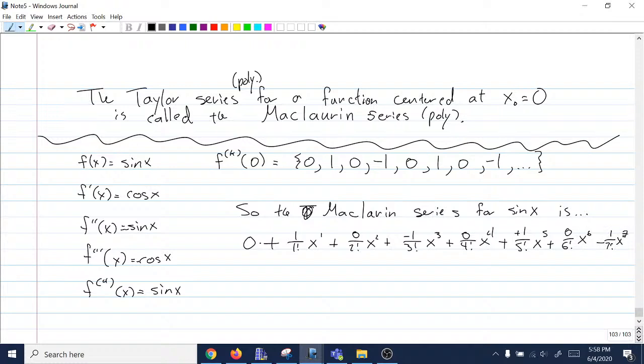If we throw away all the zeros, we get x minus x cubed over 6 plus x to the 5 over 5 factorial minus x to the 7 over 7 factorial plus and so on. We have a power series that only uses odd terms.